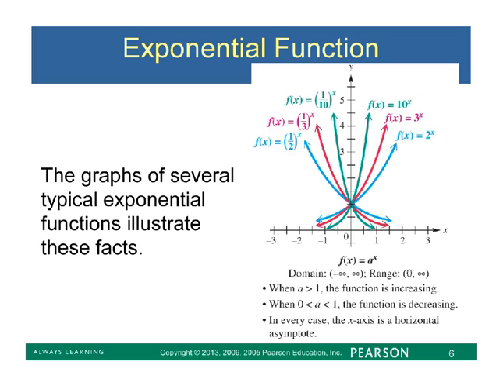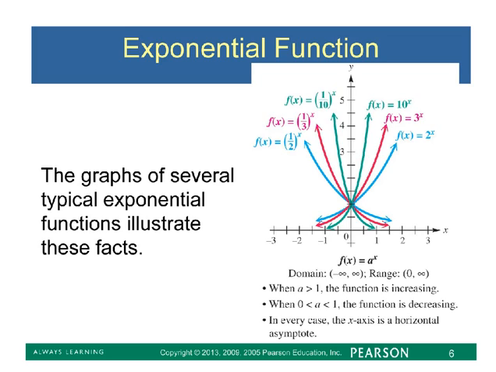And then a little bit about this function. If your value of a is greater than 1, we have what is called an increasing exponential function. So we have these sorts of graphs that you see here.